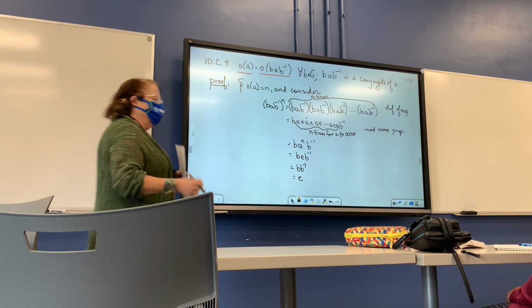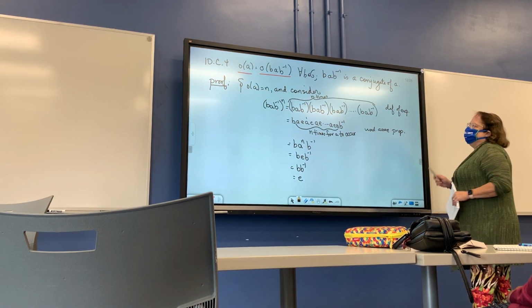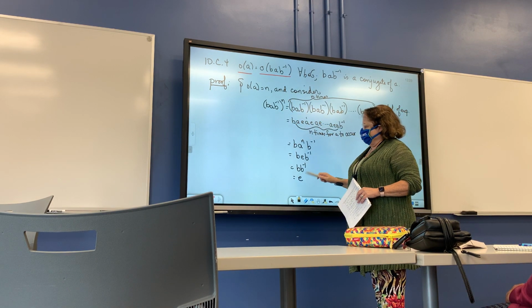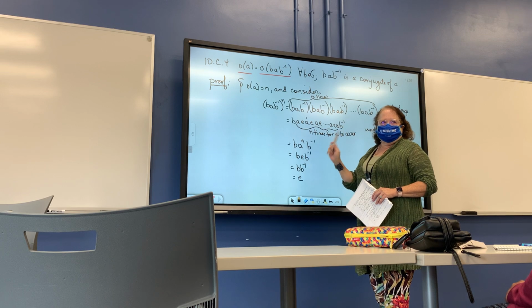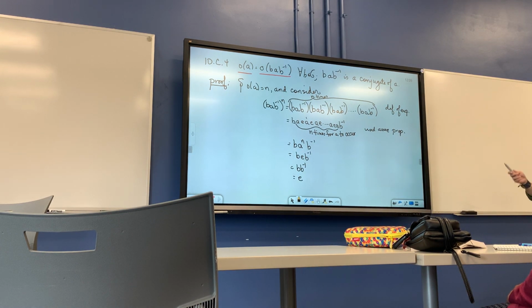It's very empowering. Okay, so what we just did was show that n as an exponent will take BAB inverse back to the identity. That means, from theorem 5, the order of BAB inverse divides n, minimally. A to the t equals e, n is t.